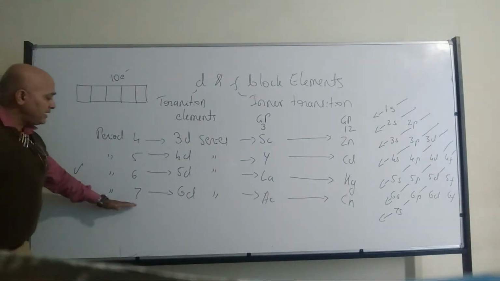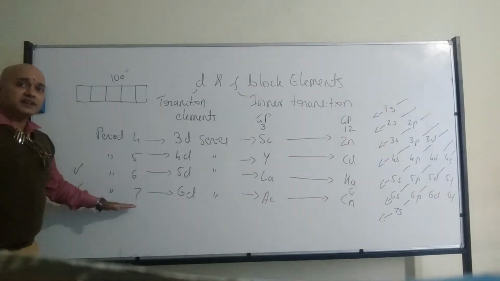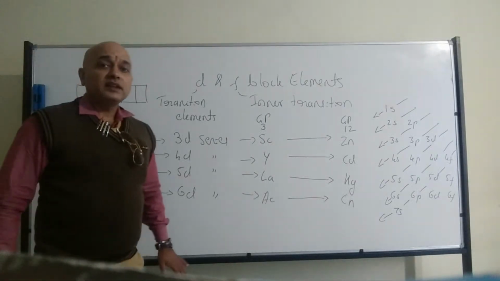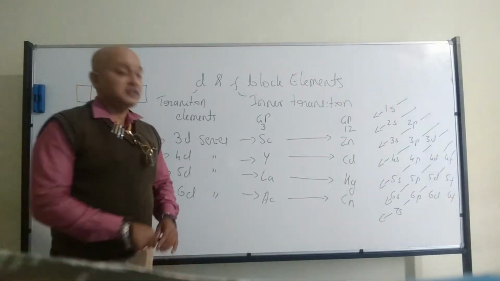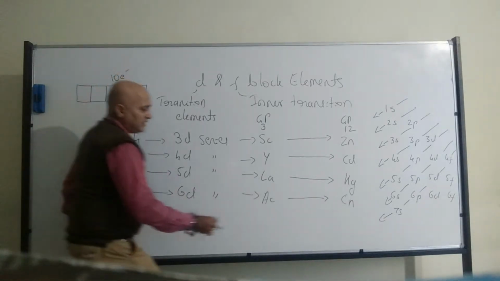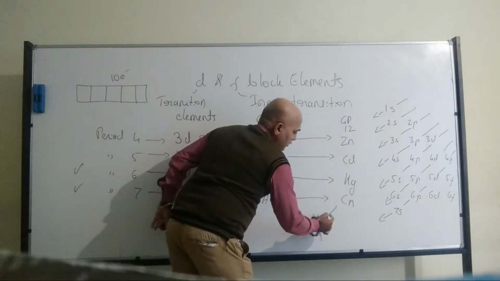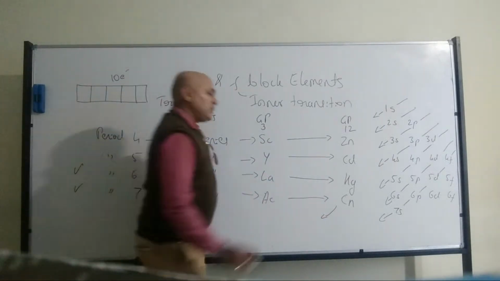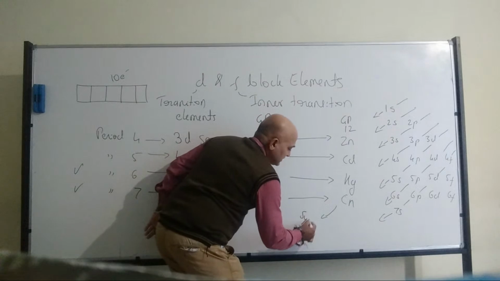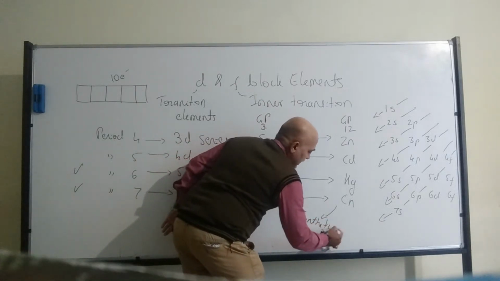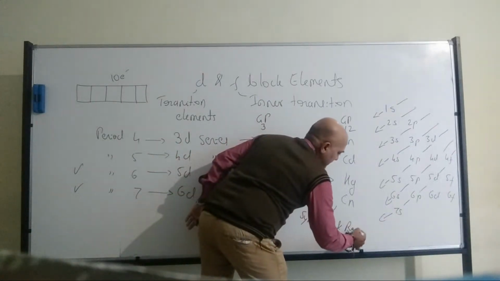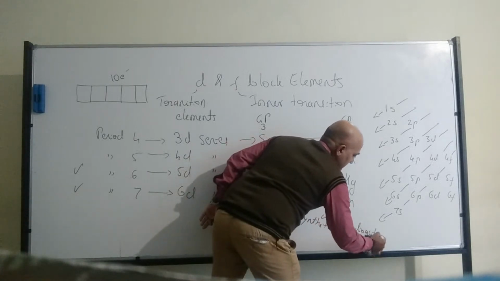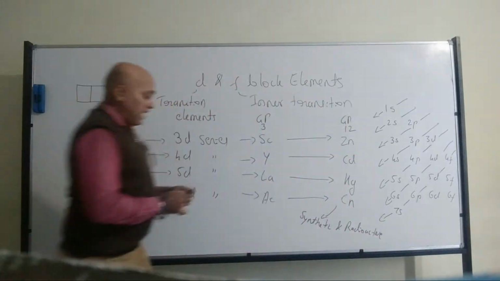Now, one thing I will make very clear. Most of the elements in period number 7, especially copernicium and bohrium, are synthetic and radioactive in nature.